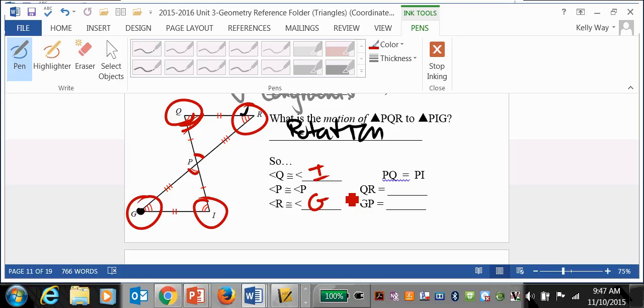Show you why. PQ, you go from single to double. PI, single to double. Order does matter here. You fill out these two blanks. Go. Fill out the other two blanks. Order matters. Be very careful there.